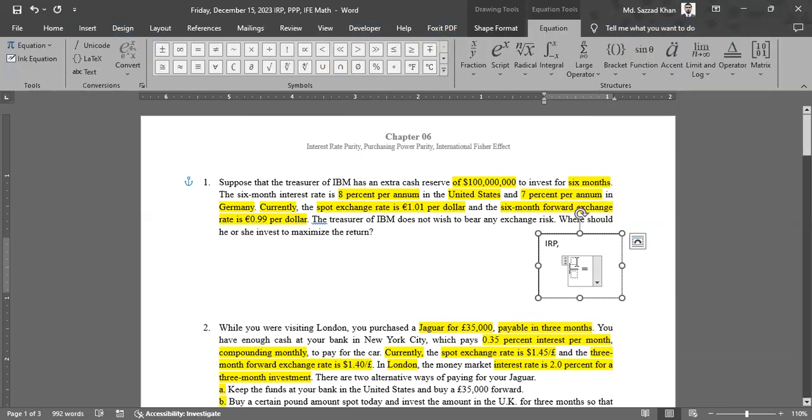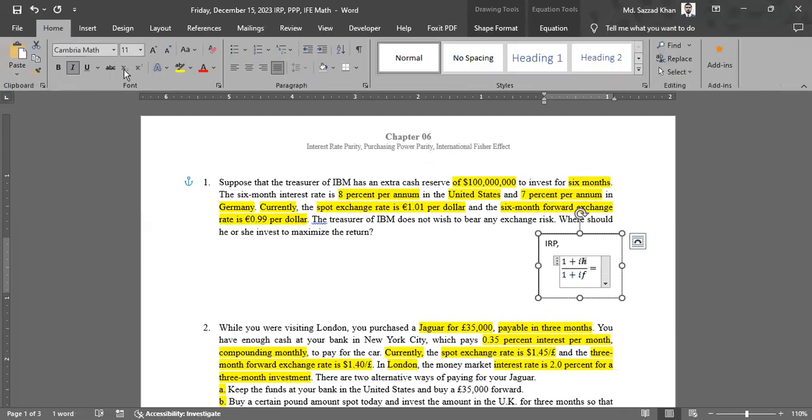It is 1 plus I_H divided by 1 plus I_F. I cannot make it look like a subscript. I_H means the interest rate of the home country, divided by the interest rate of the foreign country.